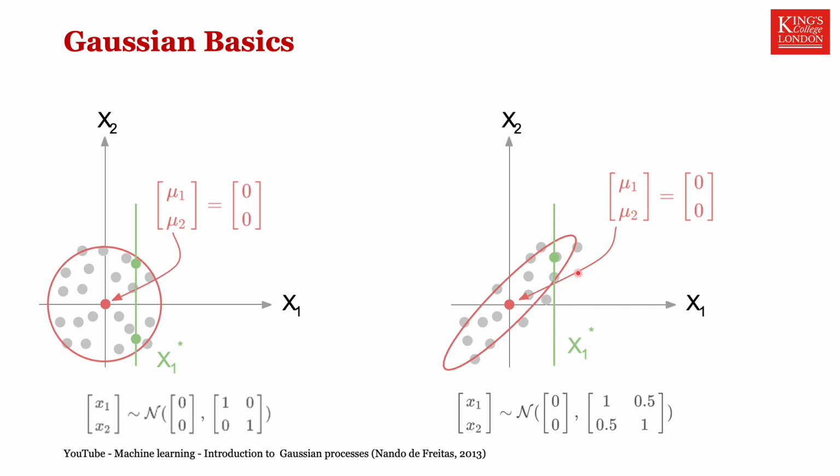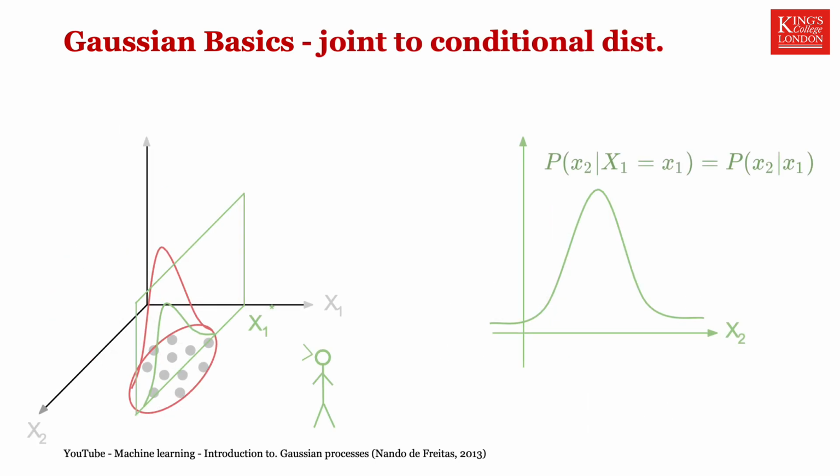So the relationships between x1 and x2 are modeled here by this covariance matrix, which we can find from the data. And if you then take specific axes along this Gaussian distribution, you are marginalizing the distribution according to certain variables, and that allows you to then access the probability distribution of other variables. This is something that you'll see later on that is quite useful.